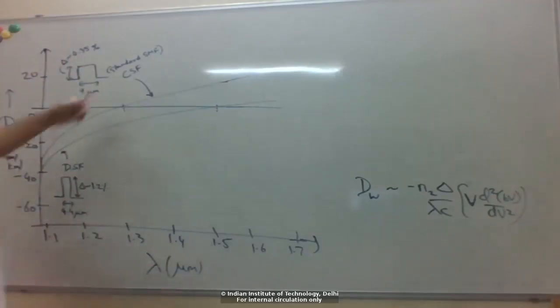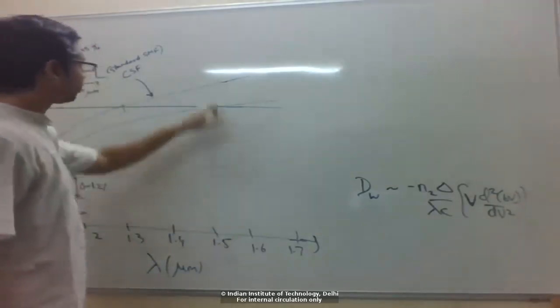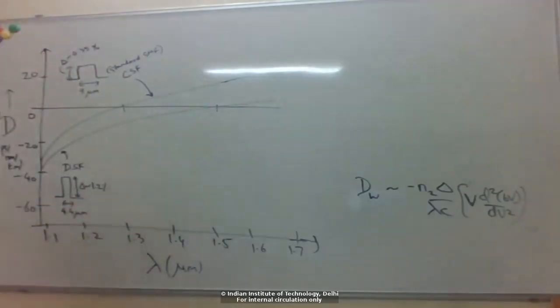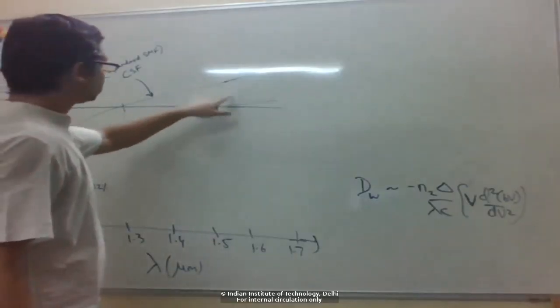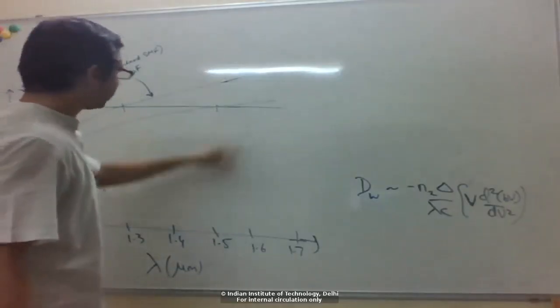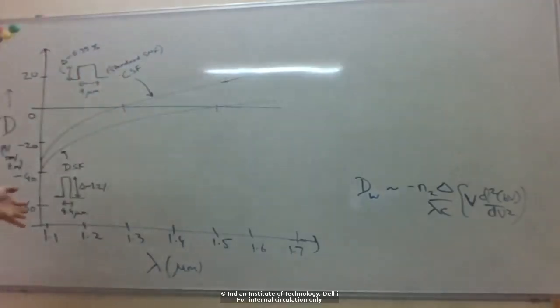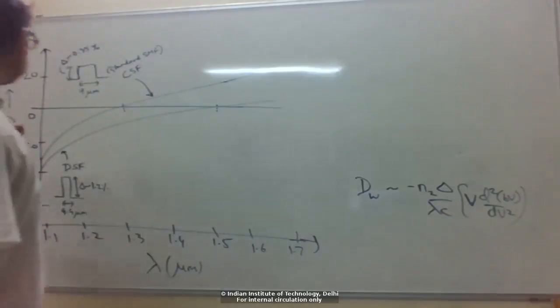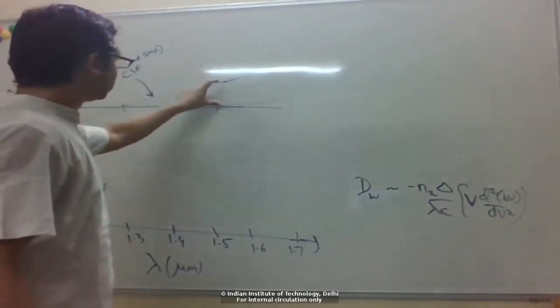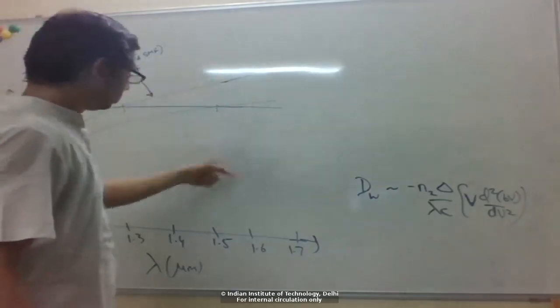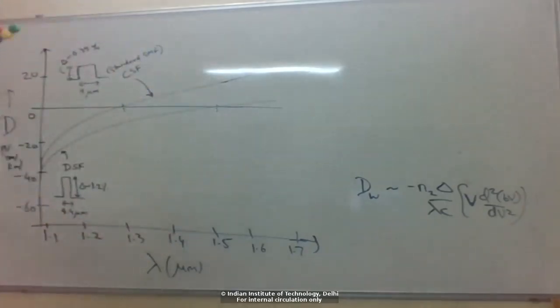So now, how do we use these fibers at 1.55 micron for long transmission links? What you can do is, this positive dispersion or the anomalous dispersion that you have here for the conventional fiber, at the receiver end, you can just put some length of fiber which has the opposite dispersion, and then choose the length such that you cancel out the broadening or the chirping that you get from this by an opposite chirping due to that.